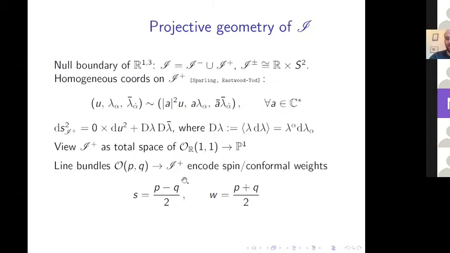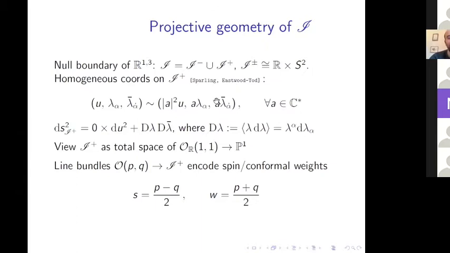And the reason we like these line bundles is that they encode the normal notion of spin and conformal weight, which are familiar from functions on the sphere, or in this particular case, functions on scri. So the spin weight of an object on scri corresponds to the difference in its holomorphic and anti-holomorphic weights in this projective description, and the conformal weight is encoded in the sum of the holomorphic and anti-holomorphic weights.